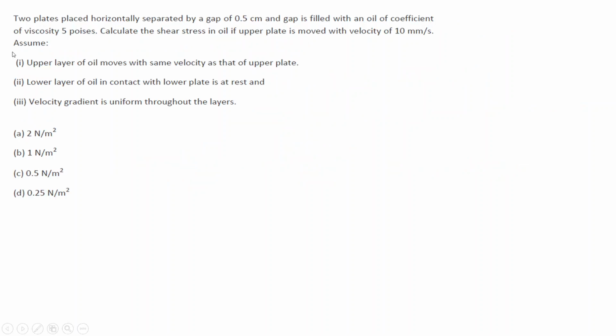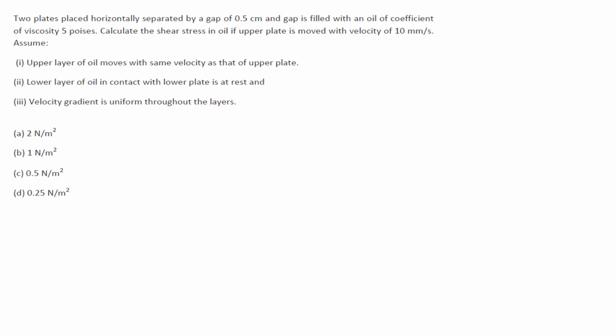Okay. Next question is, two plates placed horizontally are separated by a gap of 0.5 centimeter, and the gap is filled with an oil of coefficient of viscosity 5 poise. So yeah, I told you, right, that Poiseuille is also an SI unit.